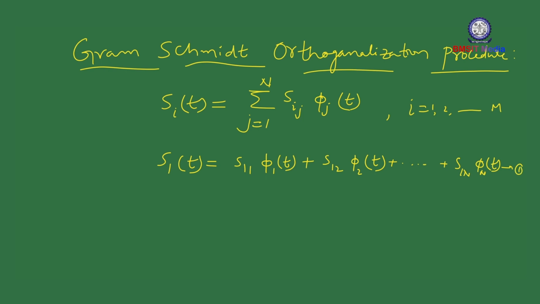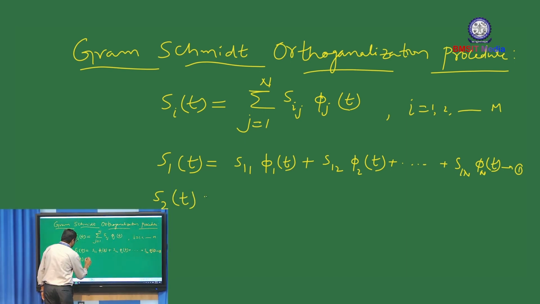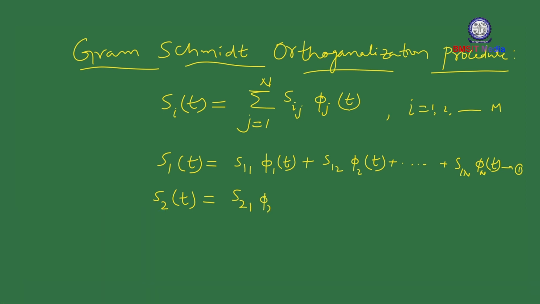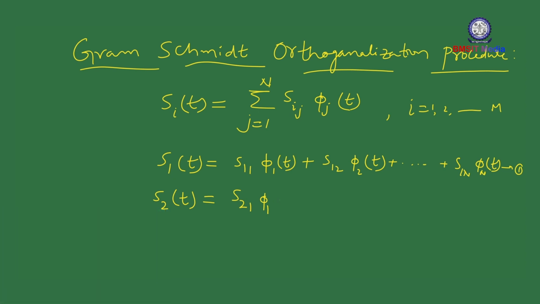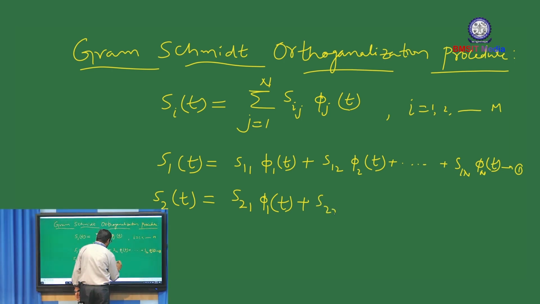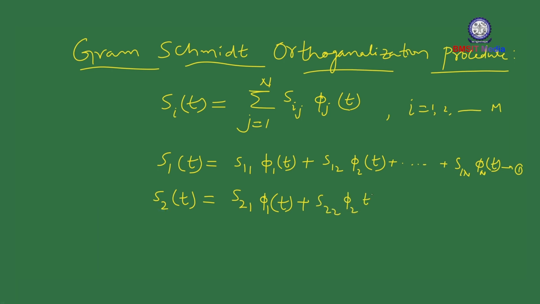Similarly, when i is equal to 2, I can write s2 of t is equal to s21 phi 1 of t plus s22 phi 2 of t plus and so on to s2n phi n of t. You can call this equation 2.